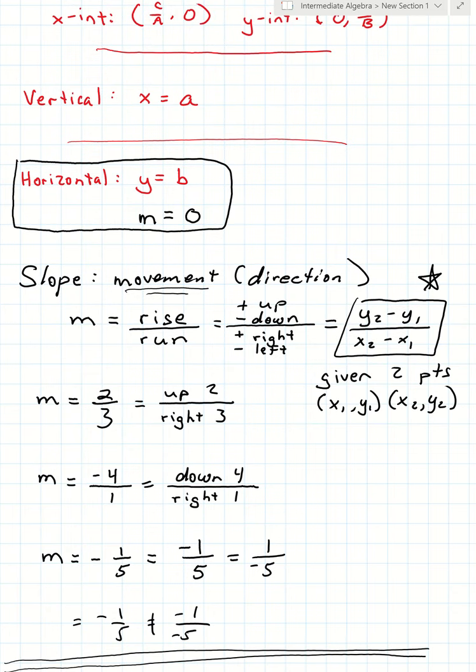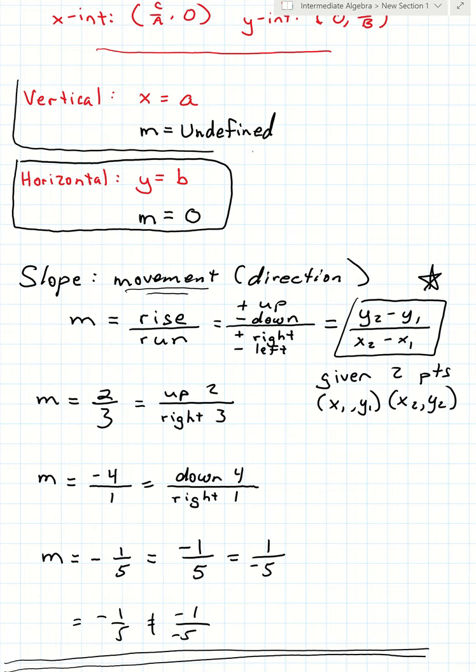Because what is true when we talk about vertical lines is that their slope will always be undefined. Just like the slope of all horizontal lines will be 0, the slope of all vertical lines we say is undefined. Very important piece of information.